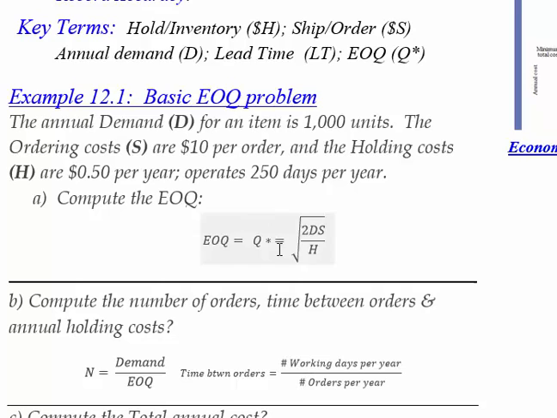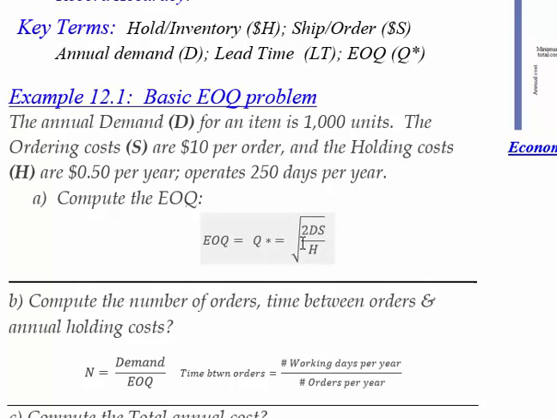So let's just go down here to this problem. I tell you that the annual demand is 1,000 units, the ordering costs, annotated as S, are $10 per order, holding costs are 50 cents per order, and the place operates 250 days per year.